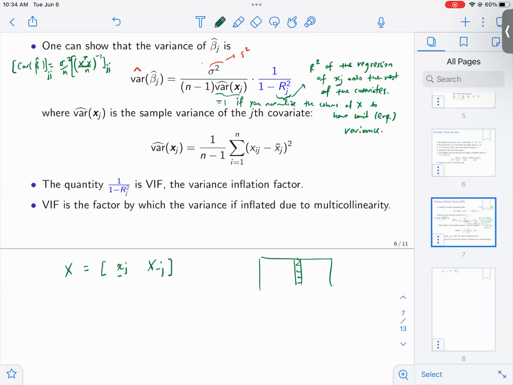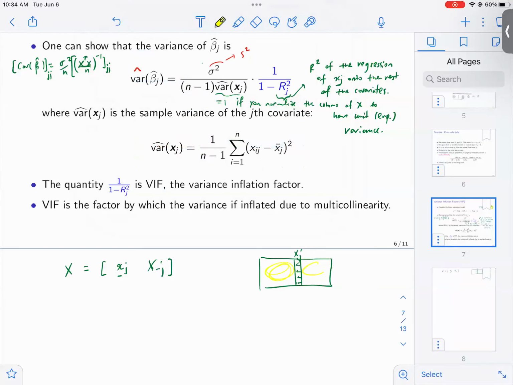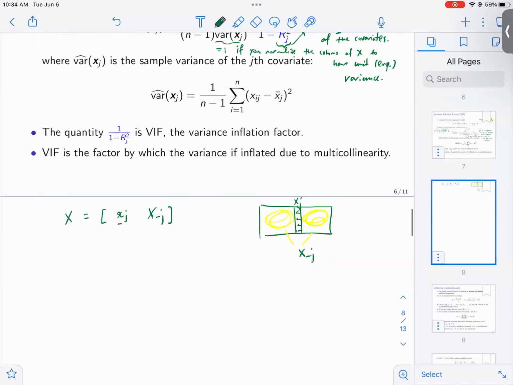Once you get comfortable with linear algebra, you'd see that I can permute the columns so the j column is the first column, do everything as if it is the first column, and then permute back. If this is problematic for you, think of just the first column.